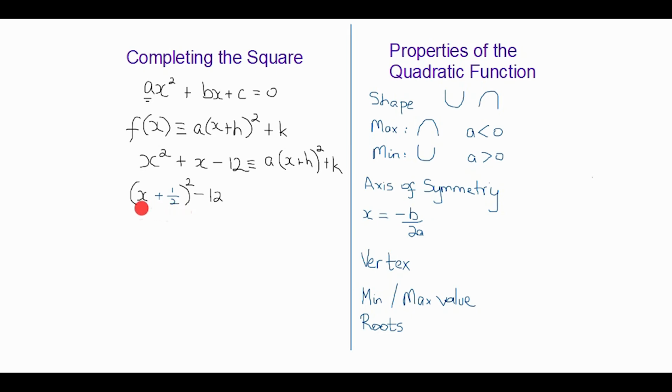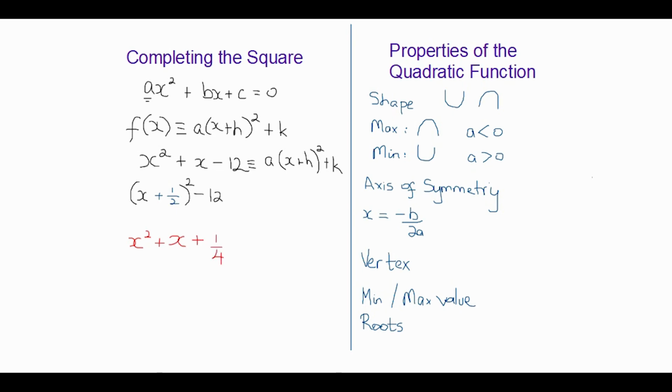Well, if I were to expand this perfect square, which I will do, this is what I'll end up getting. So I'll have x squared plus x plus 1/4.